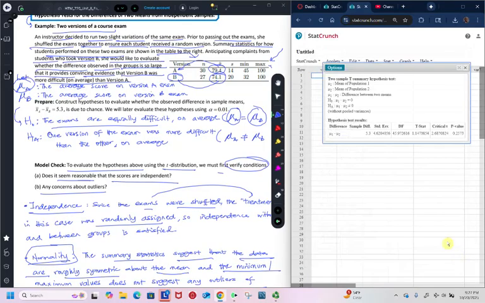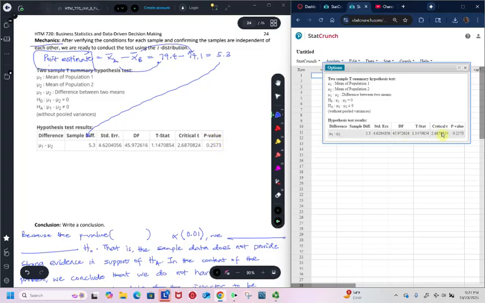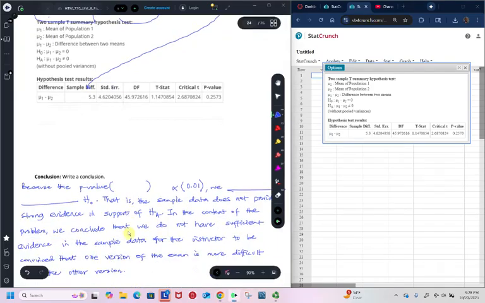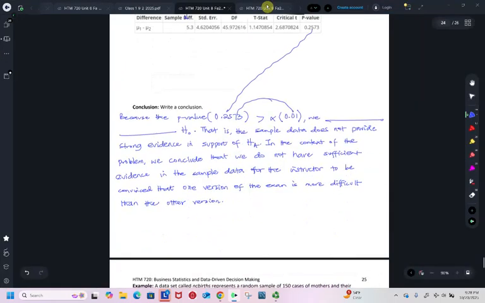So you compute, and I would have these values. In particular, the p-value, the probability value, is what I need. So I'm going to pull that right down here, which is 0.2573. Obviously, this is greater than the significance level chosen for this test.